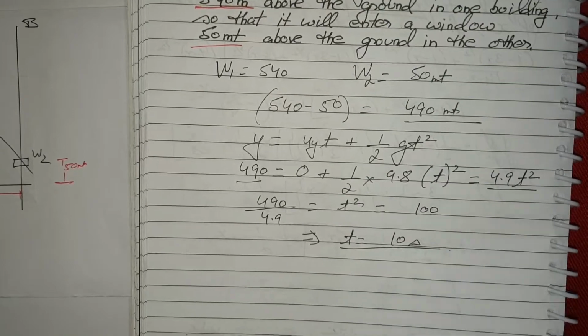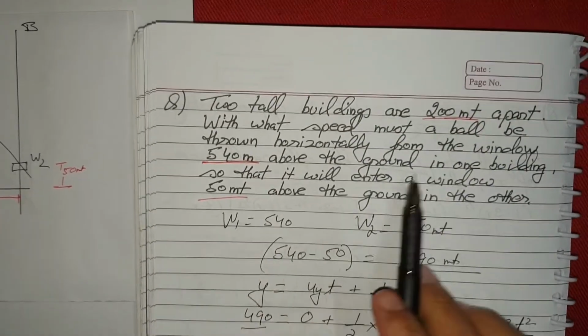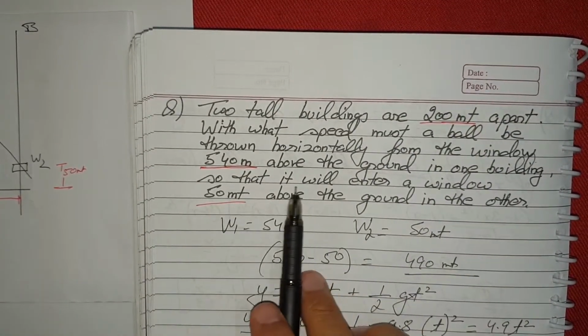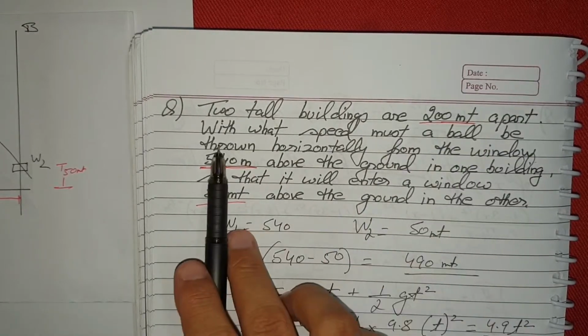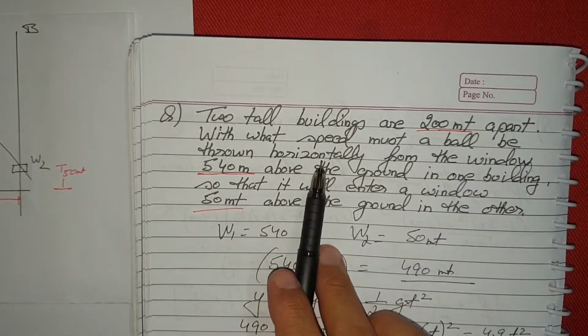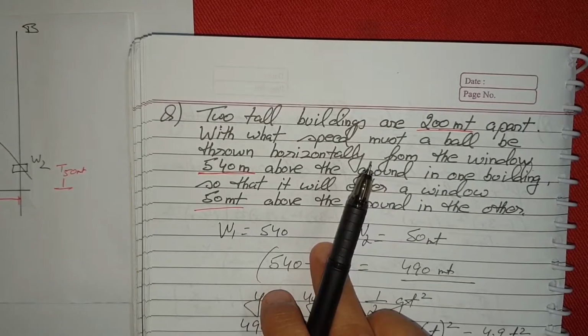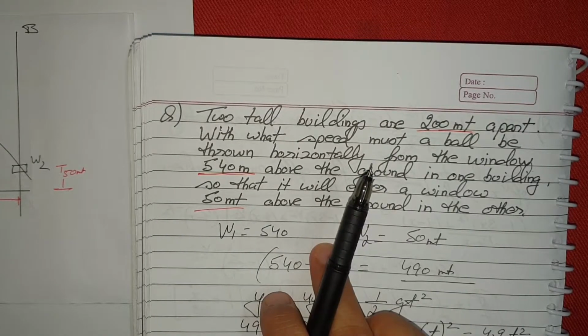Now, according to the question, with what speed must the ball be thrown horizontally? So we have to find the horizontal velocity.